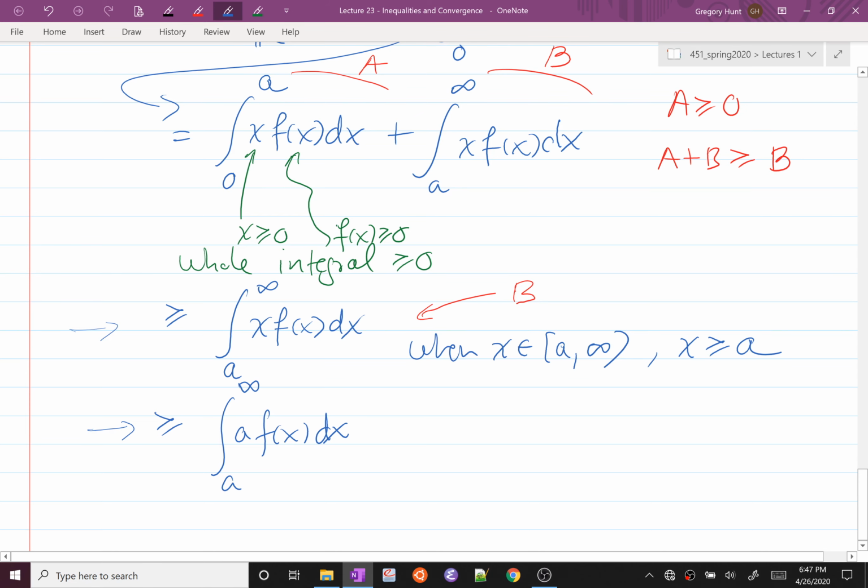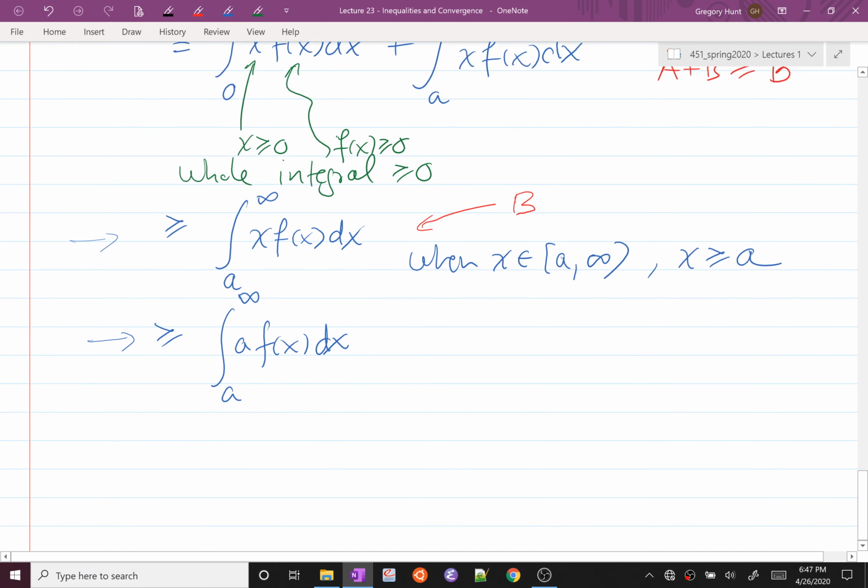Okay, so I can do that. And of course, a doesn't depend on x, so I can factor it out. That's a times the integral from a to infinity of f_X dx.